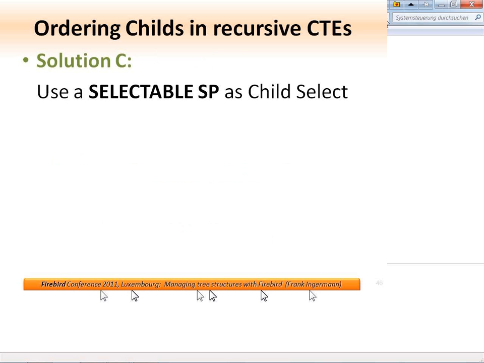The next thing I found is one thing that actually works, but it's a bit clumsy. You can use a selectable stored procedure as a child select. So you select your total data, and then union all, and do a select by stored procedure. Because in that stored procedure, you will select the group, which has a defined order by it, and you will always return the child in that order. So that's a workaround.